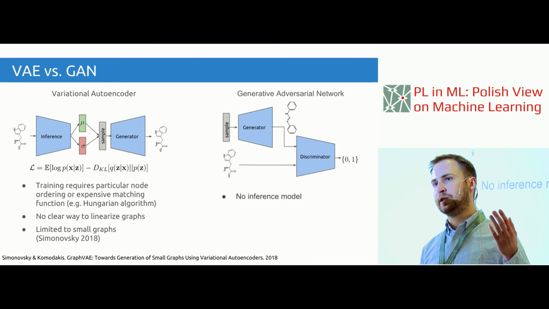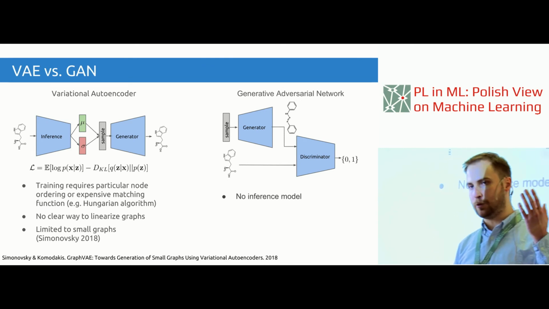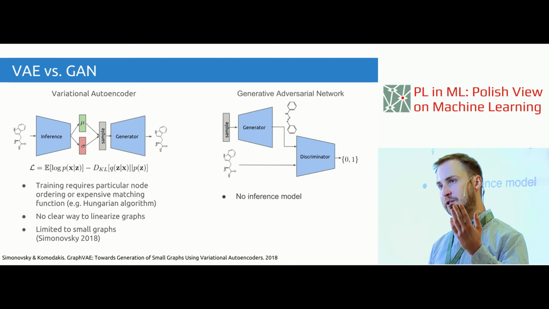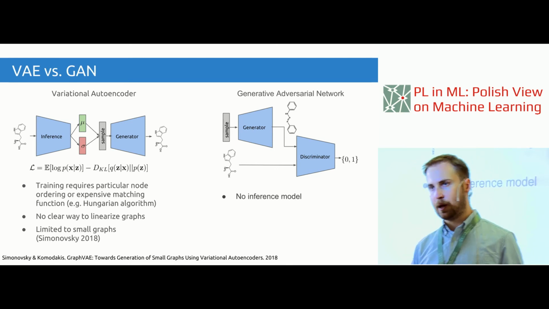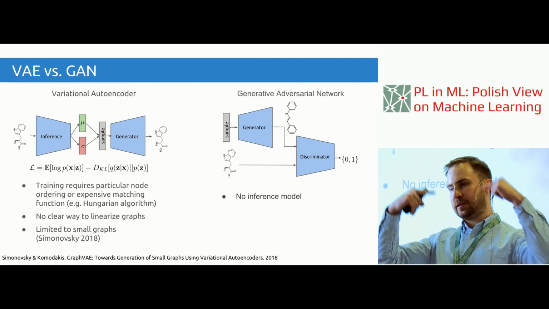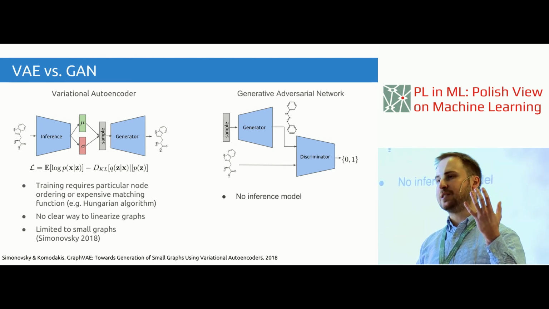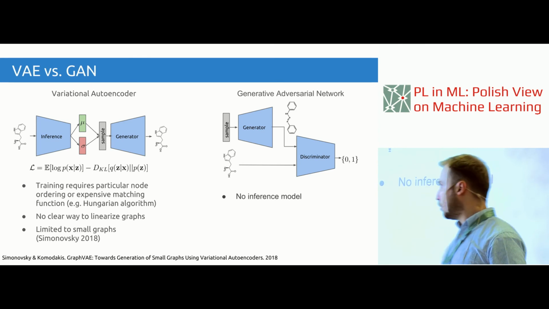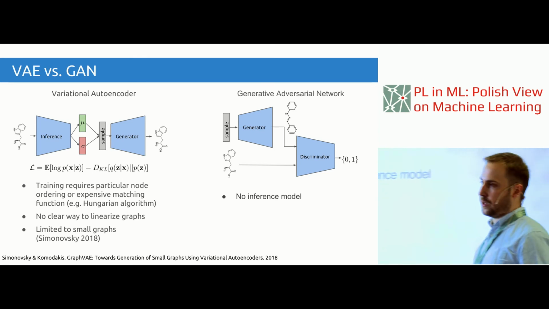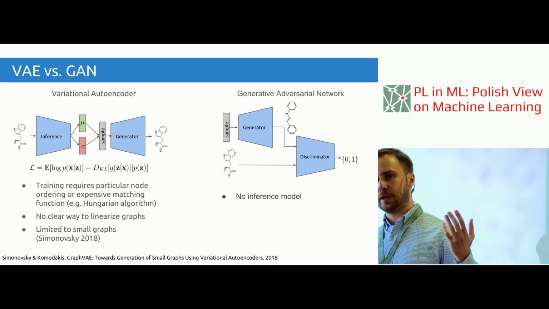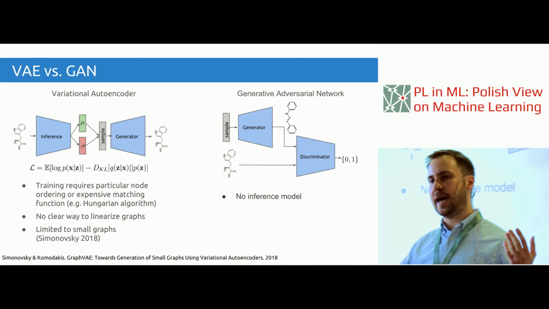If you are representing your graph as two matrices, a node feature matrix and an adjacency matrix, and you permute the rows of those two matrices, this remains the same graph. So you can't assume that you will have the same ordering in the input and in the output.